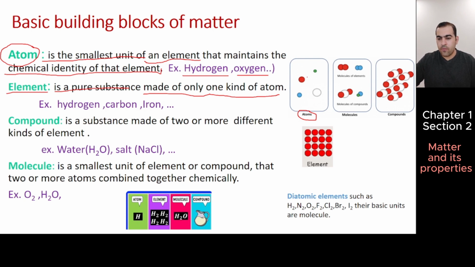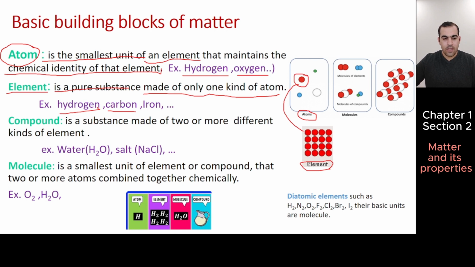When a group of one kind of atom group together, we call them an element. They must be the same kind of atom. So this is an element, for example, hydrogen element, carbon element. Carbon and hydrogen are different elements because they are made of different types of atoms.